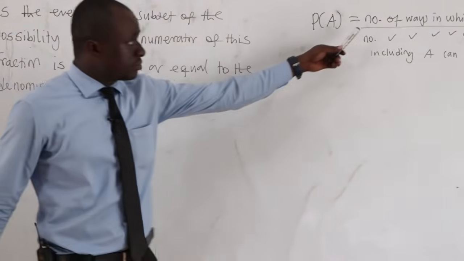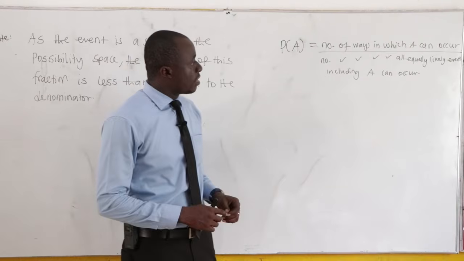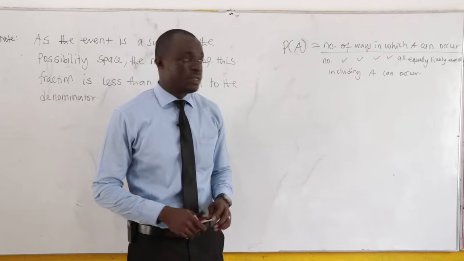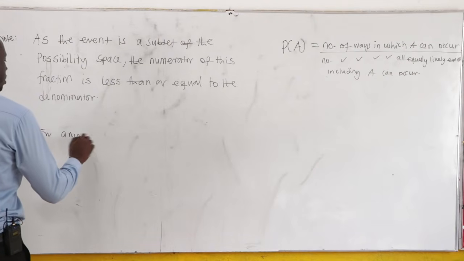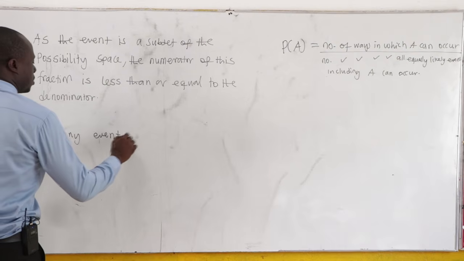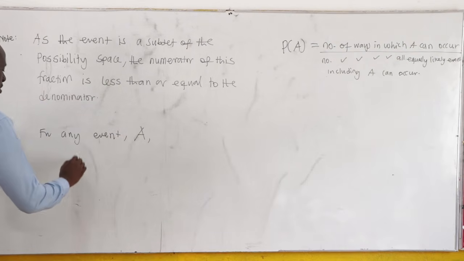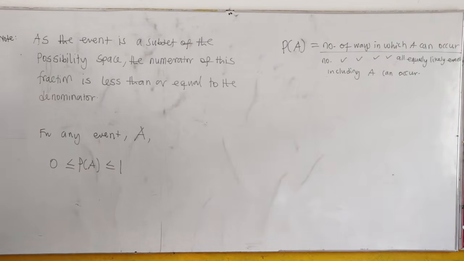Why? The number of ways is a subset of the possibility space. Hence, for any event A, the probability of A is greater than or equal to 0 and less than or equal to 1.